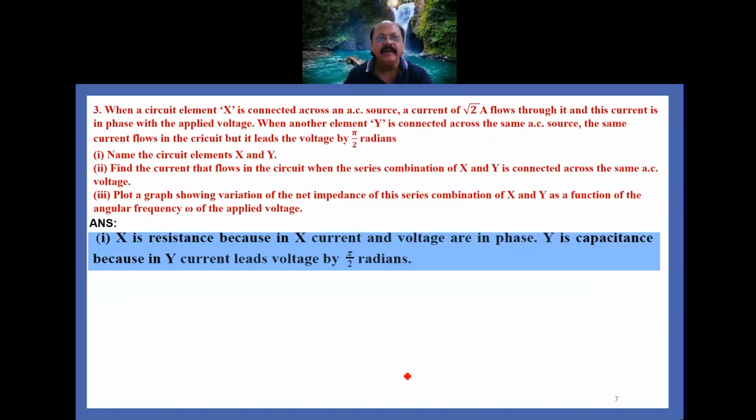Now the second part: find the current that flows in the circuit when the series combination of X and Y is connected across the same AC voltage. Means now X and Y are connected in series to the same source of AC voltage. At that time you have to find out the current.